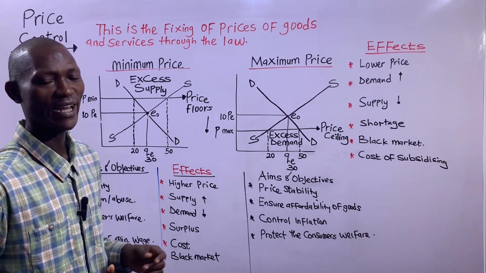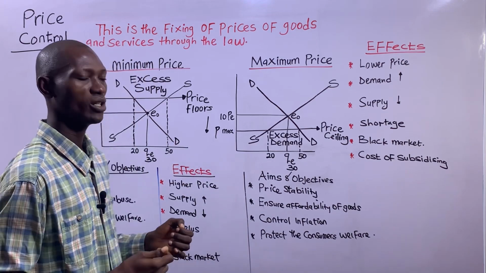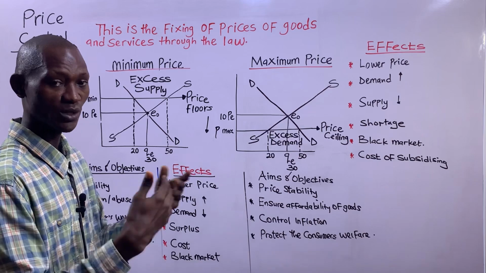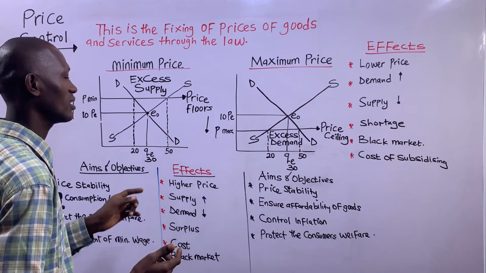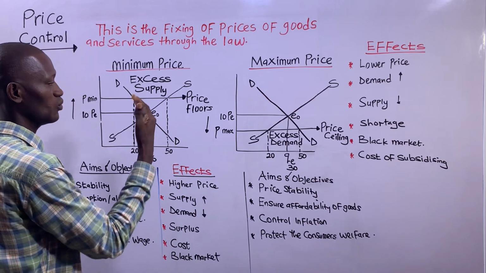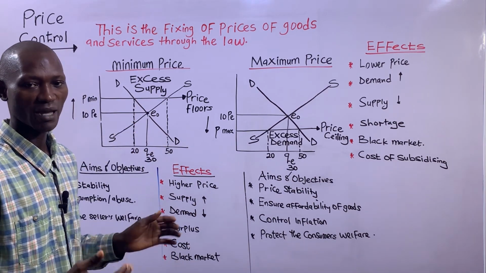Now you may want to ask, why would government want to fix the price above the equilibrium? That means a little bit higher than the equilibrium price obtained in the free market. I'll give you two or three instances of why government would want to set the price above the equilibrium.